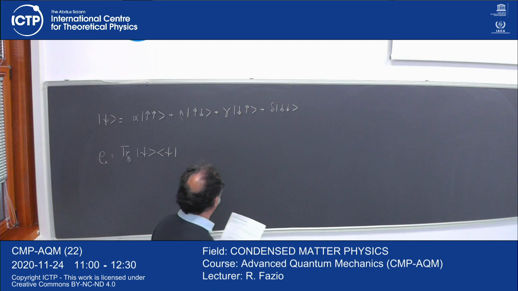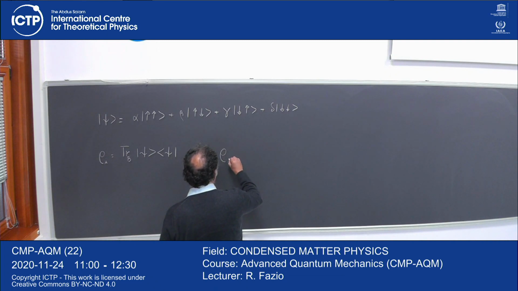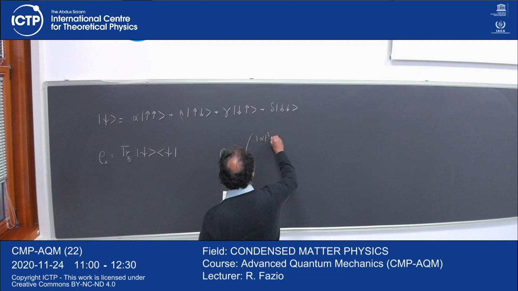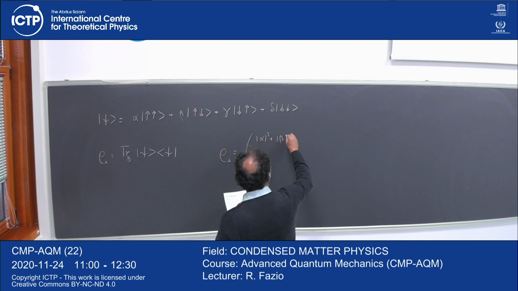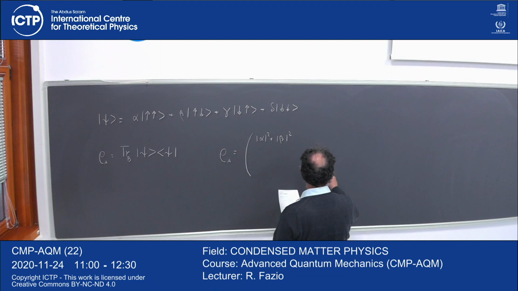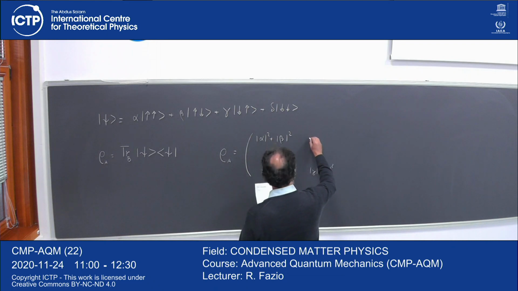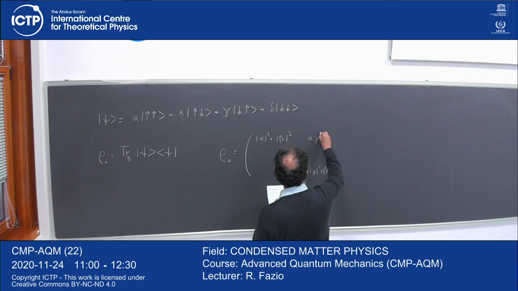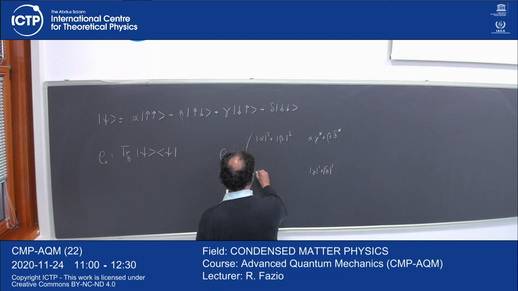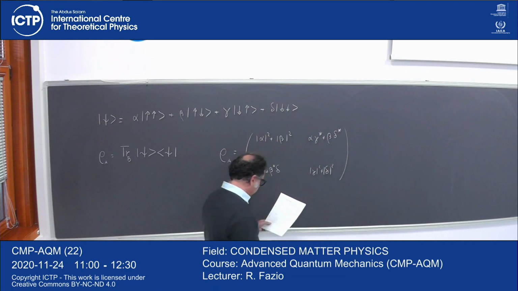So I think for the partial trace everything was clear, and we get rho A was alpha square plus beta square, and then on the other diagonal term gamma square plus delta square, and on the off diagonal term we get alpha gamma star plus beta delta star, and the complex conjugate here, alpha star gamma plus beta star delta. So this is the reduced density matrix.